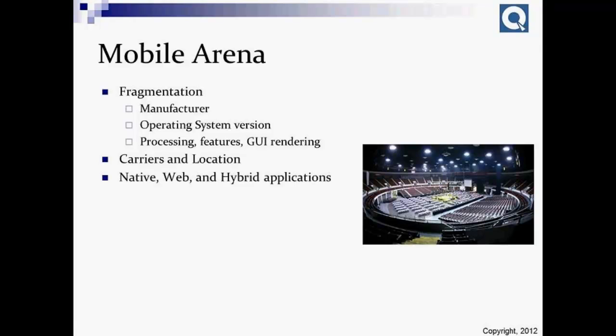And then whether you're building a native, a hybrid, or a web application. Native applications are those applications that you actually get from the store. You download them, they put an icon on your phone desktop, if you will. And when you open those up, everything that occurs happens on the application itself, on the phone itself.